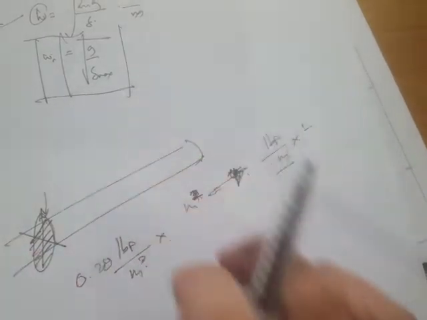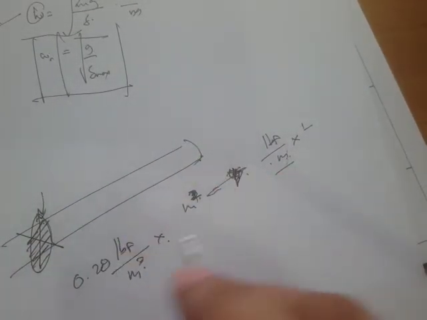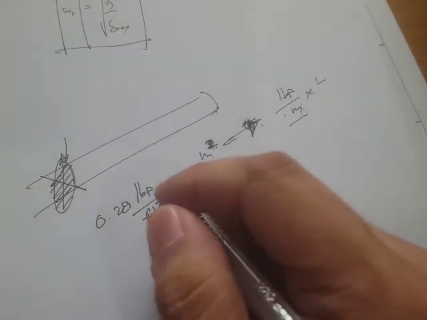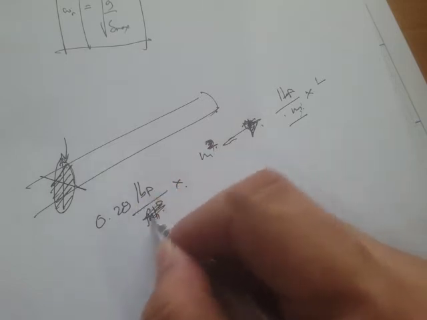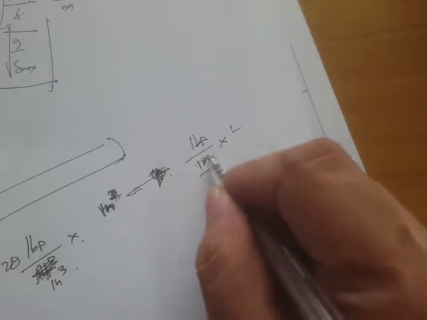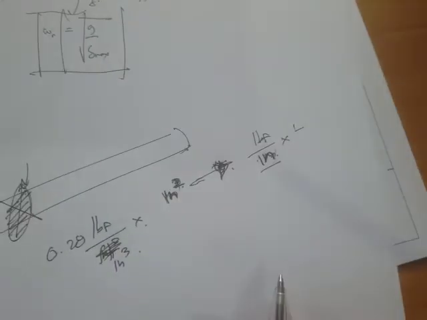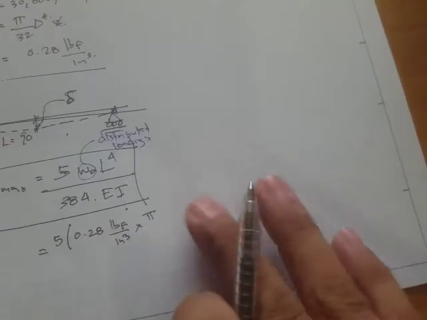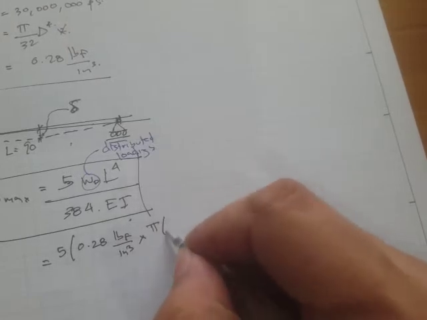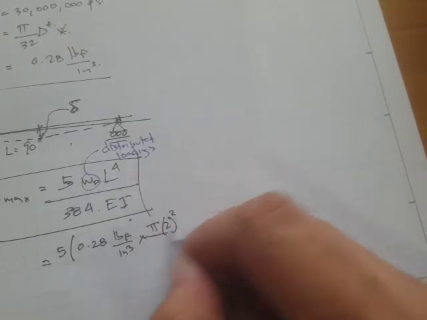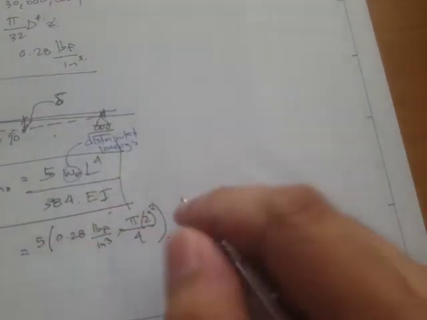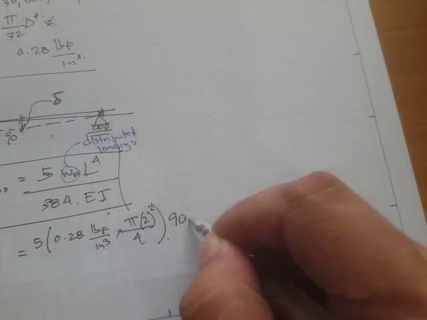But in terms of units, sorry, this should be inch cubed, inch squared, and this one should be in inch, right? So let's do that. Pi times d squared all over 4, that's our distributed loading, times L to the 4, which is 90 inch to the 4th.